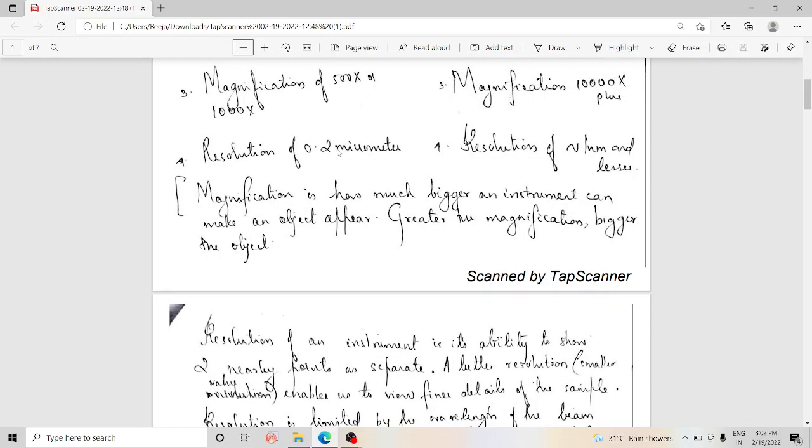An optical microscope can show only those points which are separated by nearly 0.2 micrometer as two separate points. All the points which are separated by distances below this will appear as a single point.